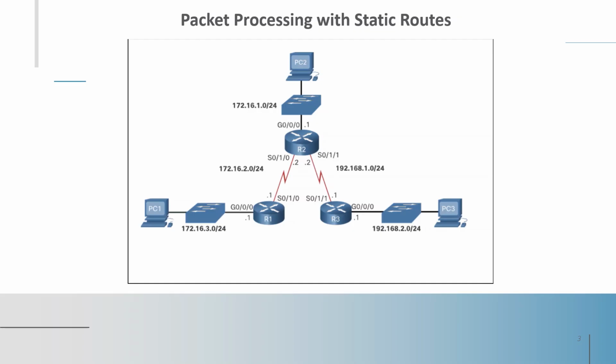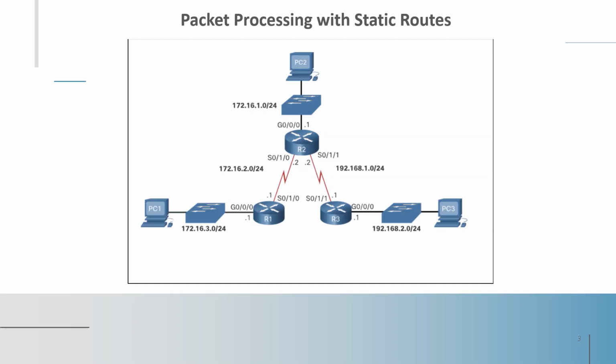So router 3 looks up the ARP table entry for 192.168.2.10 to find the layer 2 media access control address, the MAC address, for PC3. If no entry exists, router 3 sends an Address Resolution Protocol request out of the GigabitEthernet 0/0/0 interface, and PC3 responds with an ARP reply, including the PC3 MAC address.